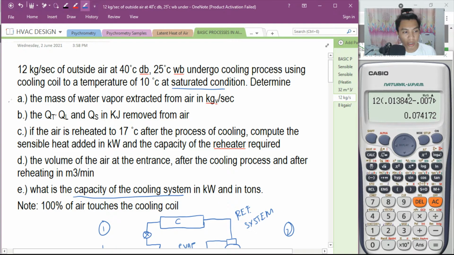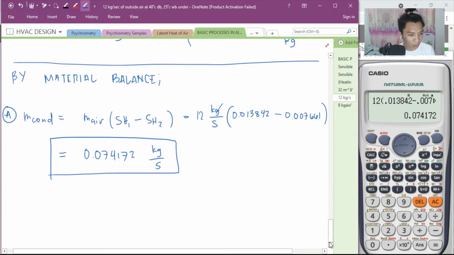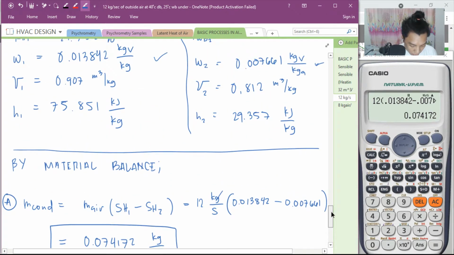Okay. QT, QL, and QS in kilojoules. Hanapin natin si QL. M ni condensate multiplied to 2502 kilojoule per kilogram. Nahanap mo naman na eh.